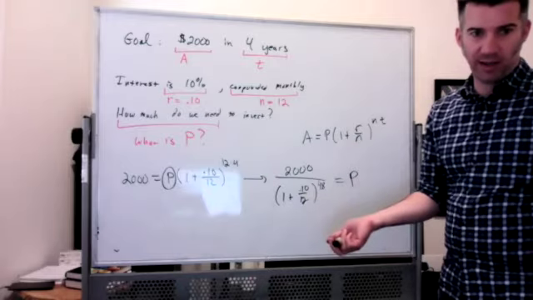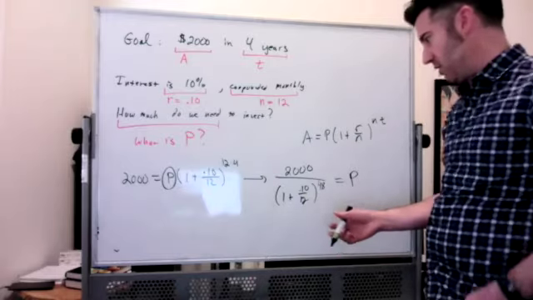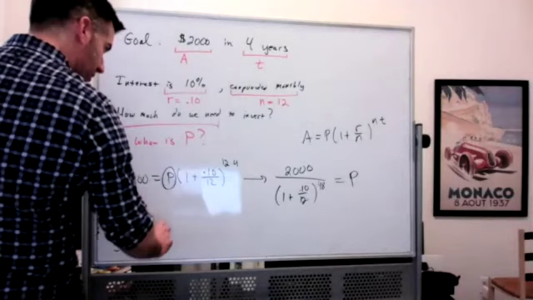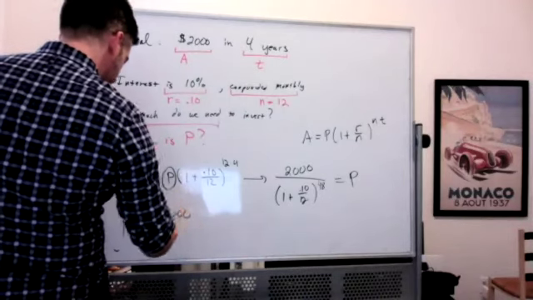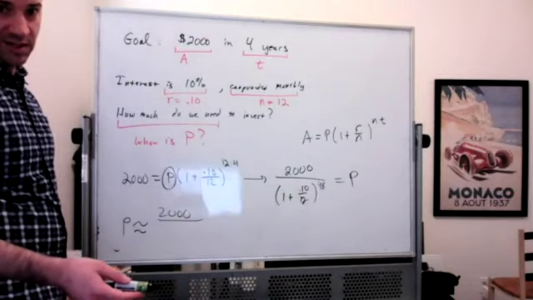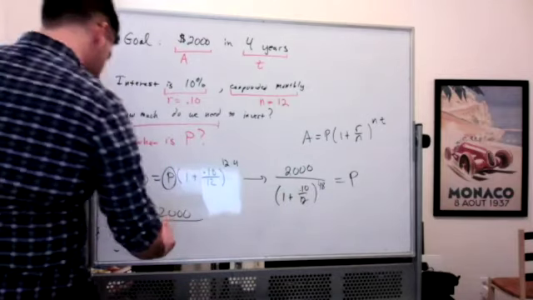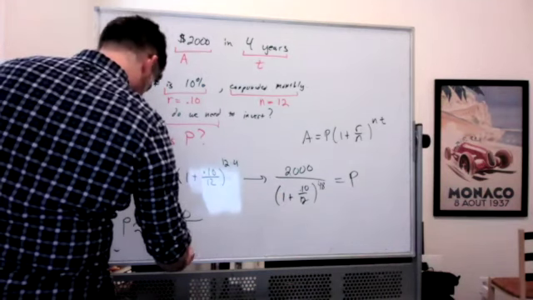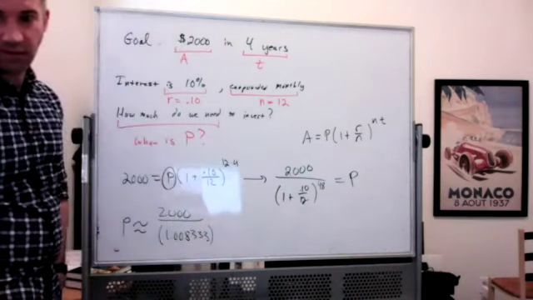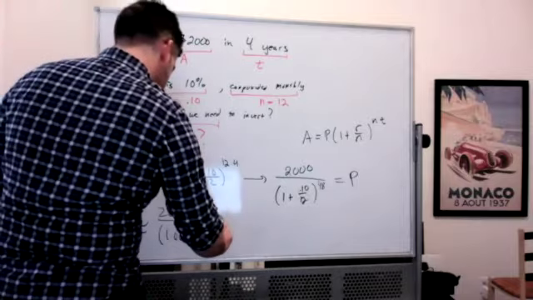And then we break out our calculator. So P is going to be approximately equal to 2,000 divided by (1 plus 0.10 over 12, which is 1.008333, approximately, it's actually 0.333 forever) to the 48th power.